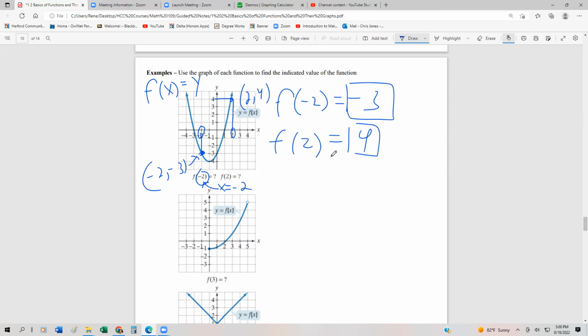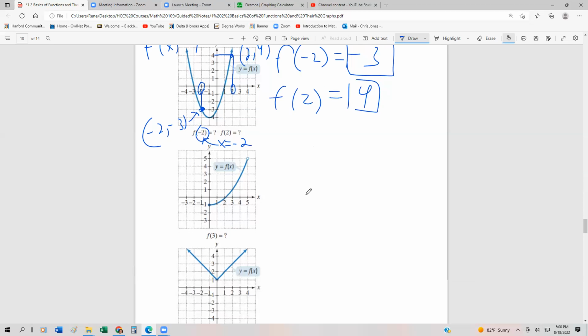You just go to the x value and find the y coordinate. In this example, we're looking for when x is equal to 3. We go to 3, then go right here on the function, and it traces over to the value 1. So f at 3 is equal to 1.